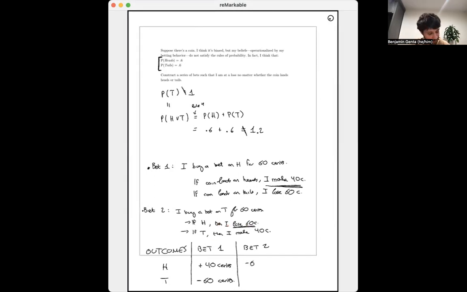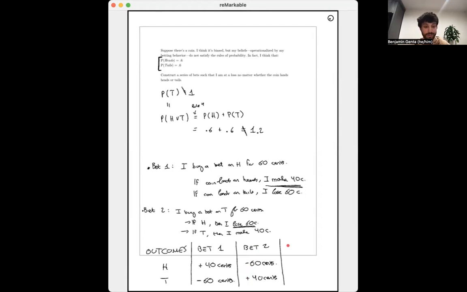So I'm at minus 60 cents. But if it lands on tails, then I make 40 cents. Now, if I only focus on bet 2, this is also fine. There are some cases where I lose 60 cents and some cases where I win 40 cents.